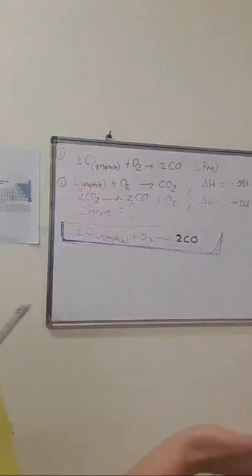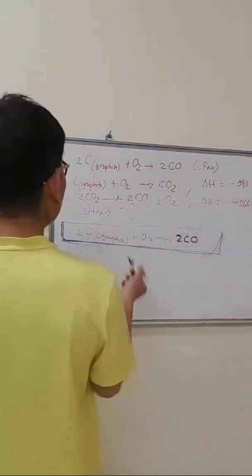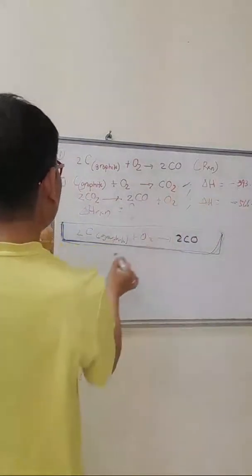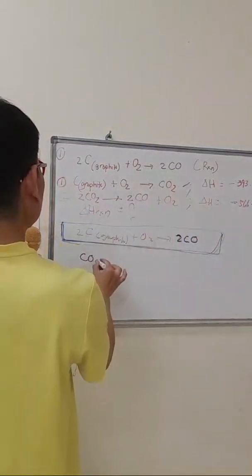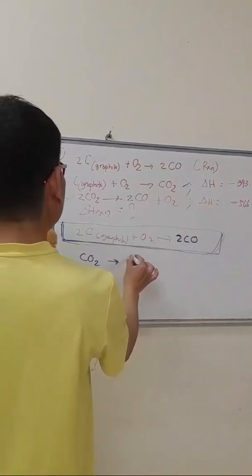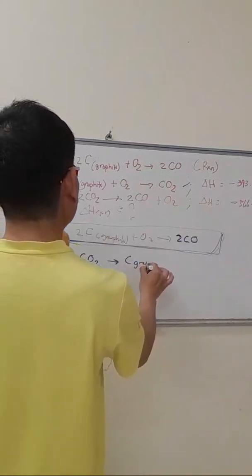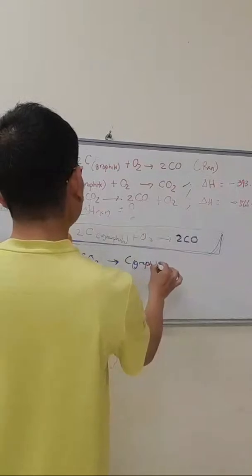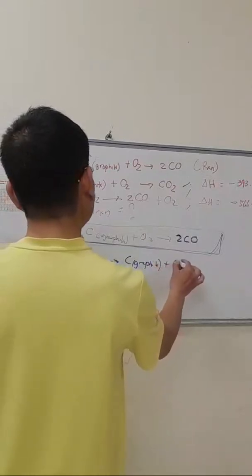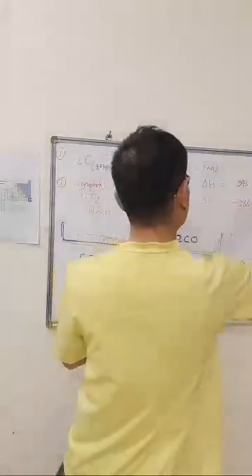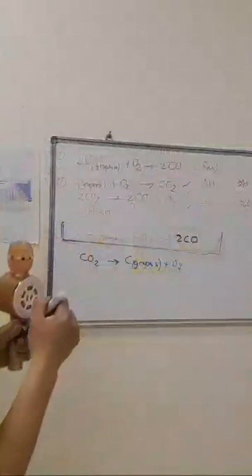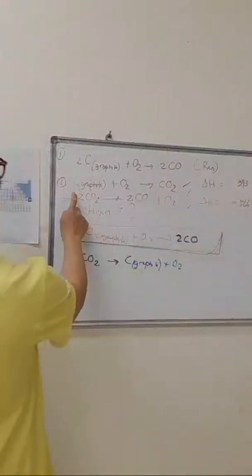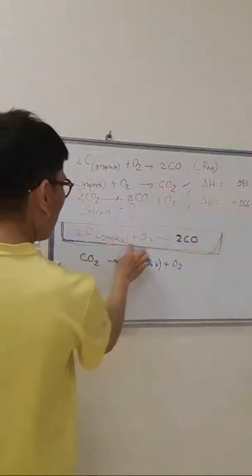Now, how about reversing the first reaction first? It becomes CO2 equals C graphite plus oxygen gas. I reversed it, so this will become positive 3.5 kilojoules. Then add equation 2. It will yield this overall reaction.